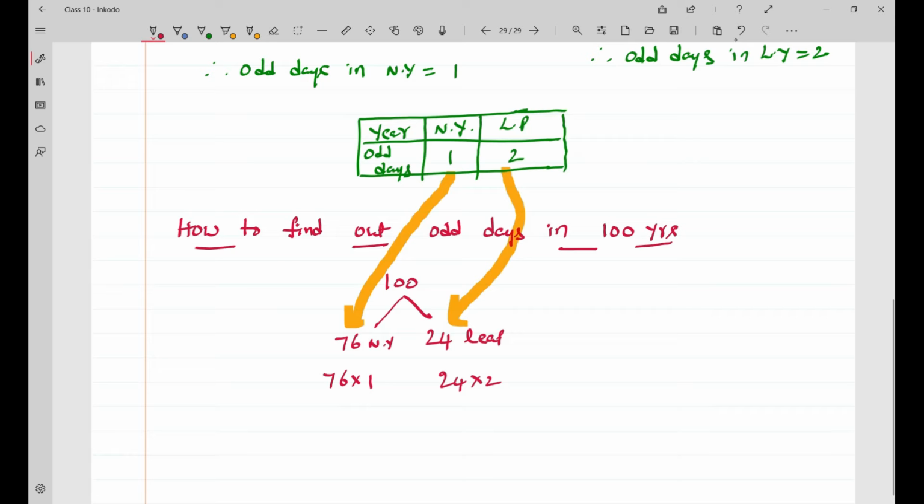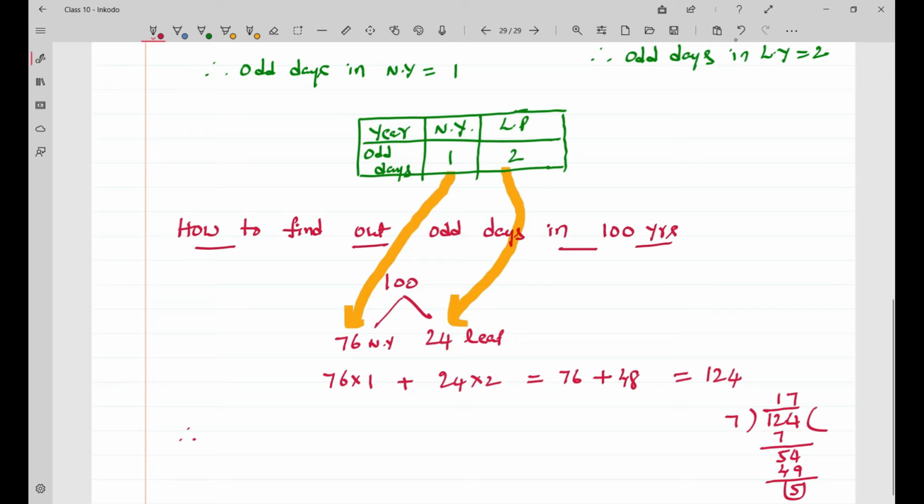Now we are going to add both of them: 76 plus 24 into 2, 48, then we will get 124. Now again let's divide it by 7, because in a week there are 7 days. 7 1s are 7, so remainder is 54. 7 7s are 49. Then final remainder is 5.